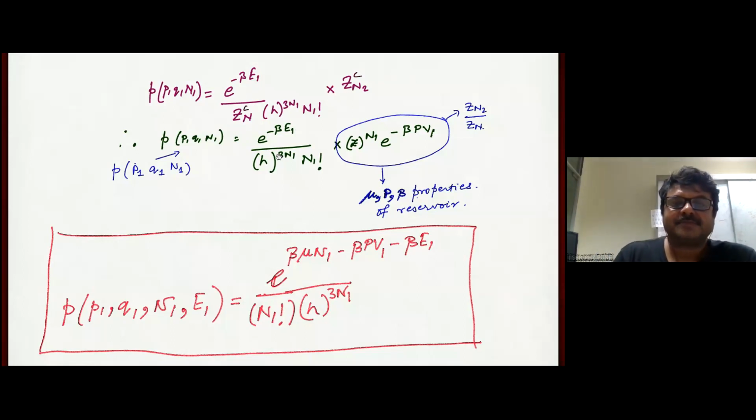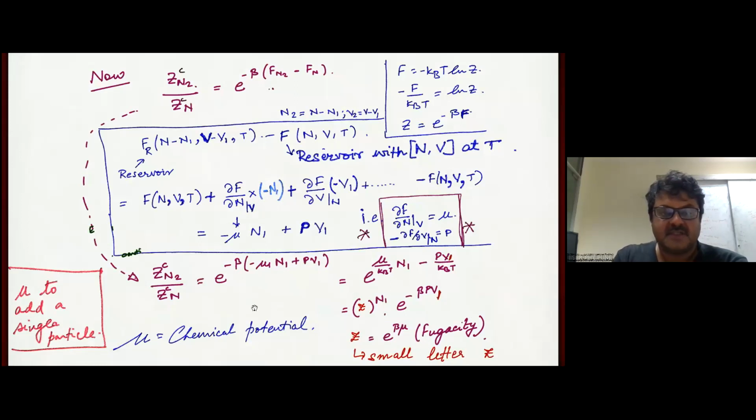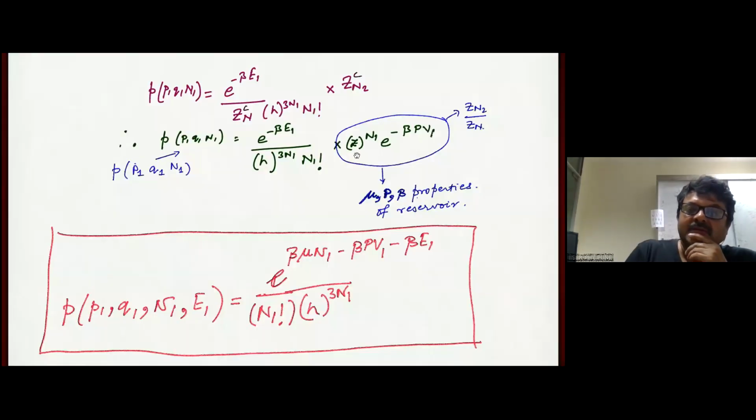And this in turn can be written as e to the power minus beta E1 remains intact, h to the power 3N1 remains intact, N1 factorial remains intact, but this is replaced by this term, z to the power N1, e to the power minus beta P V1.